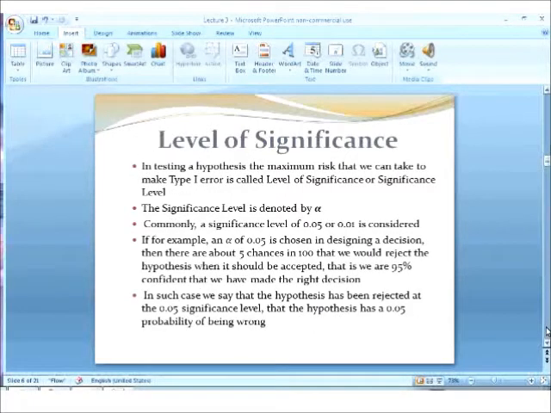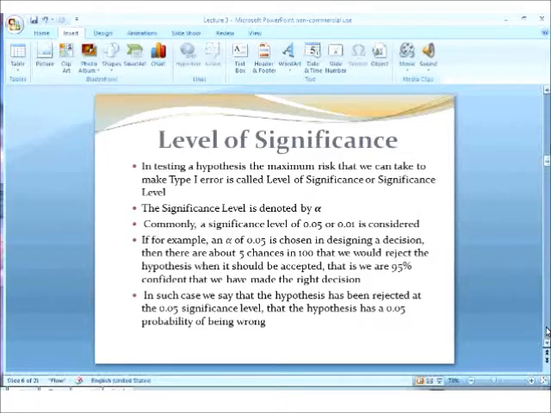And then another important thing whenever we are doing hypothesis testing, or whenever we are developing a model, is the level of significance. Now, what is level of significance? In simple words, it is your level of confidence over your statement, or over your data.